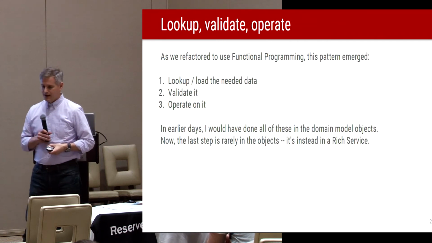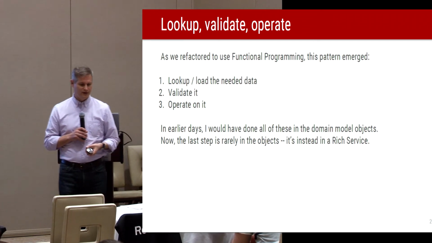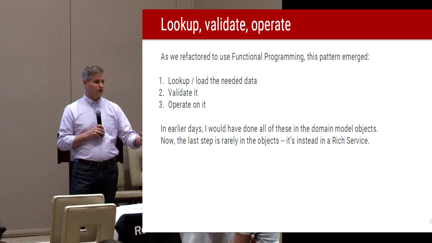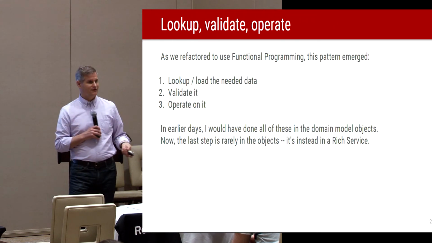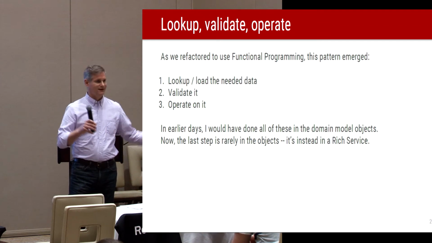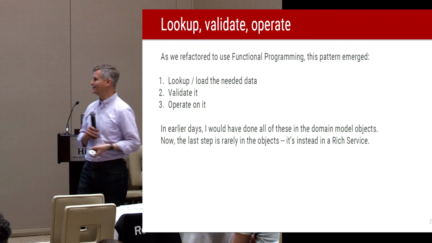So this led to the next thing, and maybe this is kind of obvious, but when you're doing some data processing, I need to get the source data, I need to validate that the source data is reasonable, and then I need to do an operation on it. Okay, if you're doing anything with an IT system, there's some pattern that looks like this.